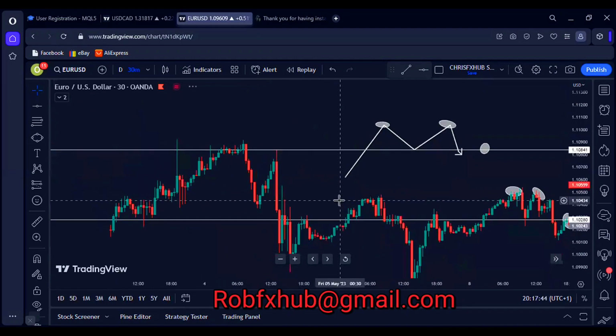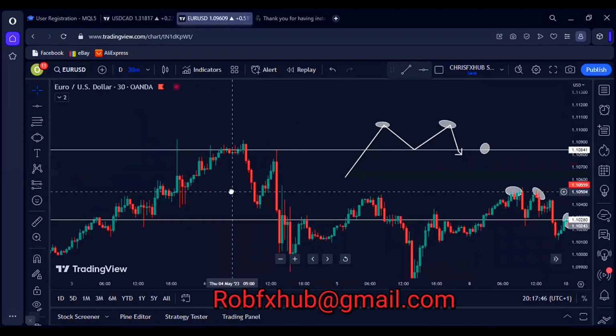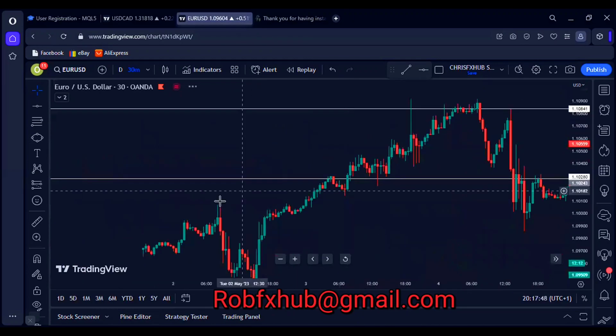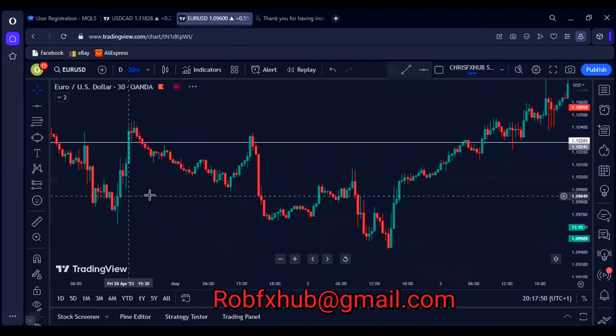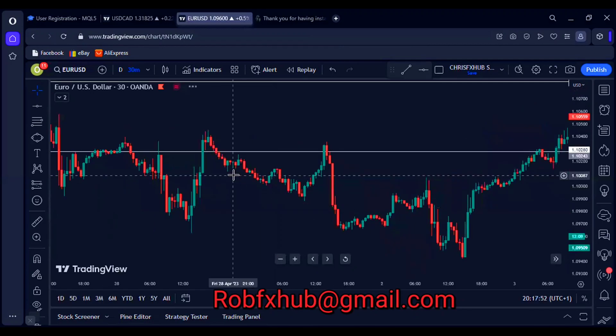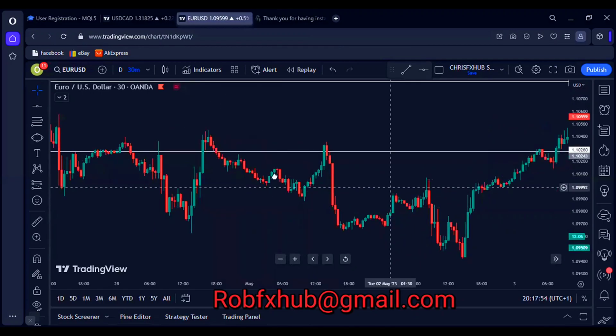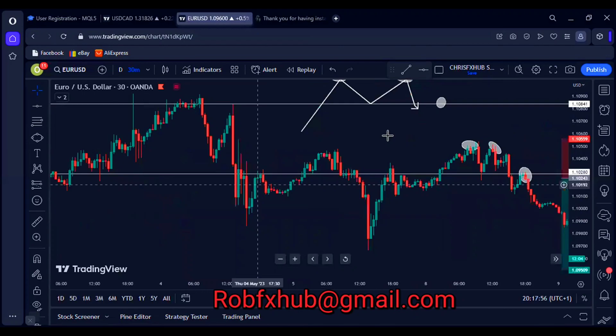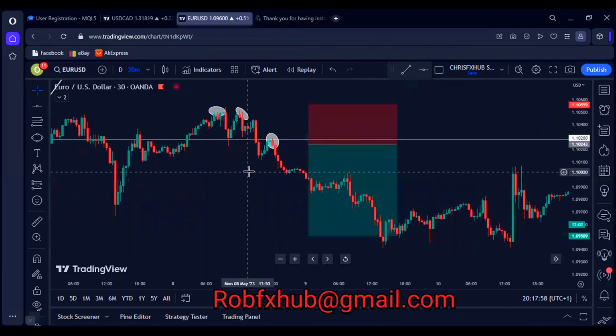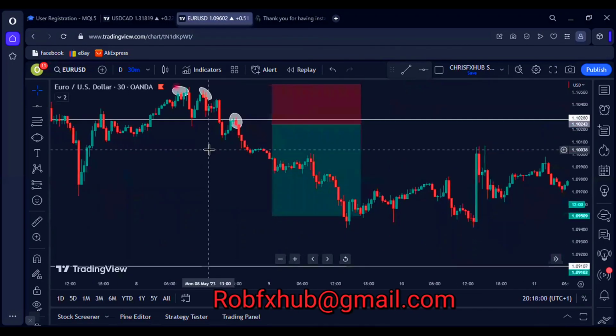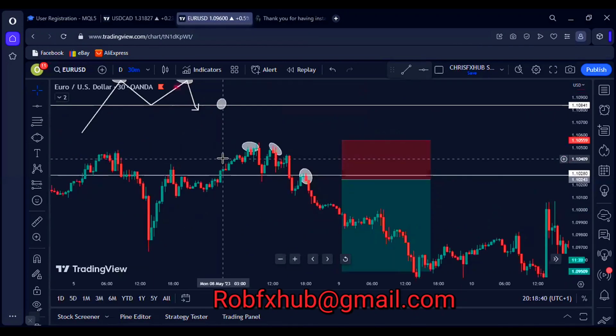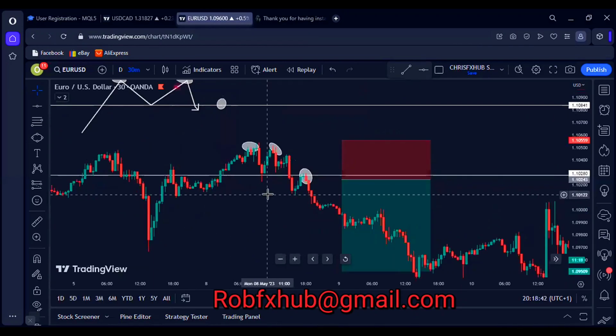Sometimes you see a double top, the market will push a little bit higher and stop you out, and continue going downward. So always wait for the structure to be broken and retested.